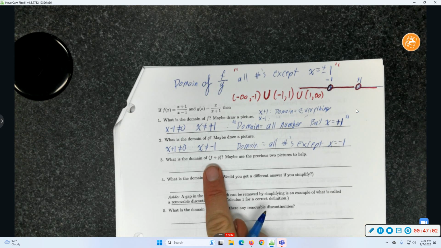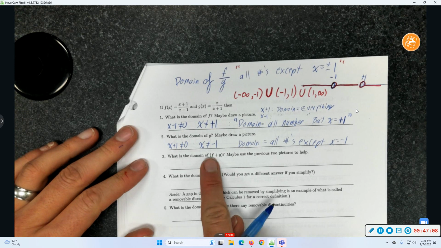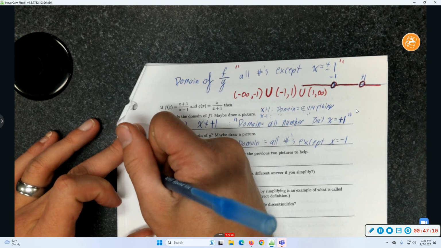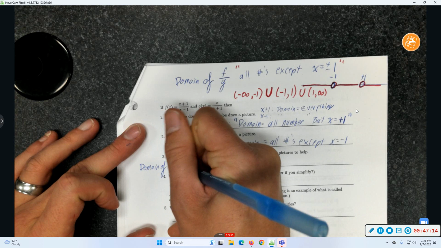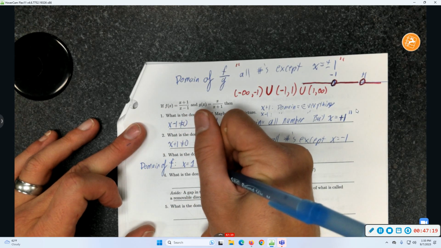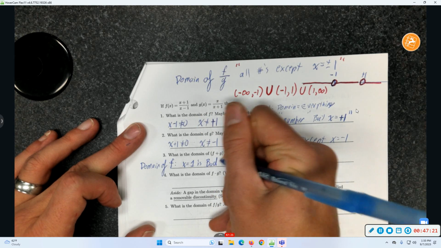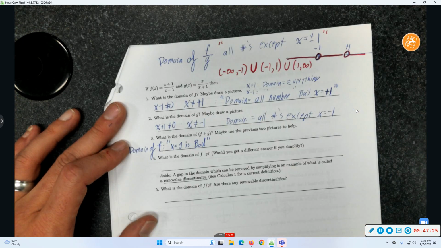Now I can compute the domain of f plus g without doing any work. I need numbers that are in the domain of f. And the domain of f is everything except for 1.